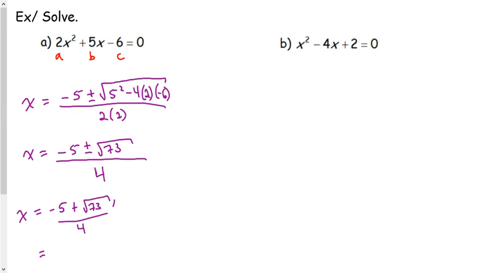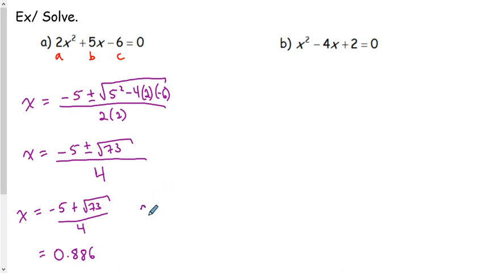And so I'm going to work that out. I'm going to take the square root of 73. I'm going to add that to negative 5. I'm going to divide the whole thing by 4. I'd like you to do this. Make sure you come out with the correct answer here in your calculator. I got 0.886. Now I knew that ahead of time because I saw that when I used my tech for my solution.